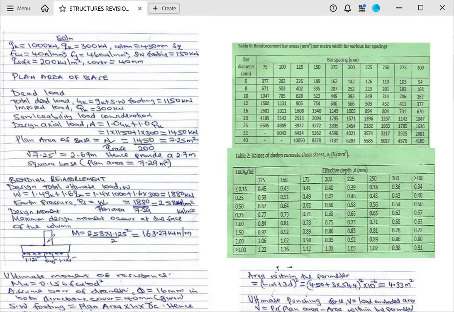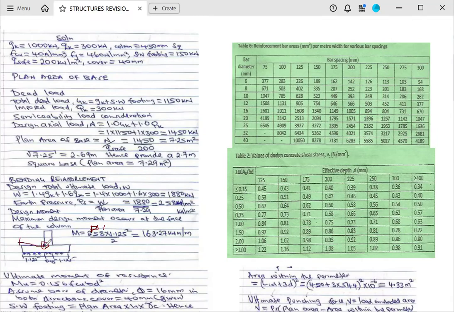So the maximum value will be at the face of column. Now we are considering it from the end of the footing here. Now, the maximum design moment at the face of the column is given by the earth pressure Ps times this distance here, the distance from the end of footing to the face of column.